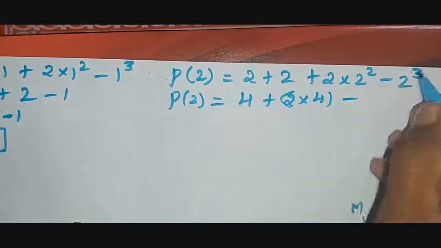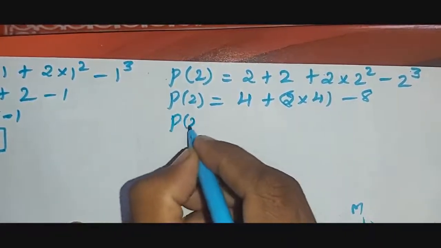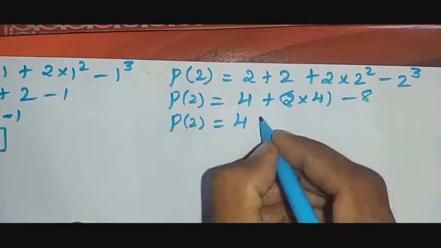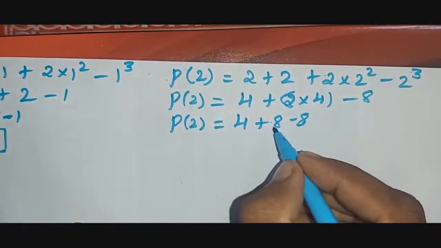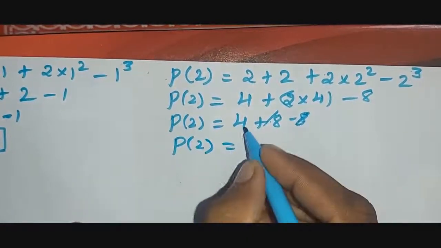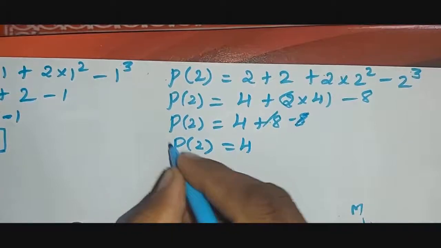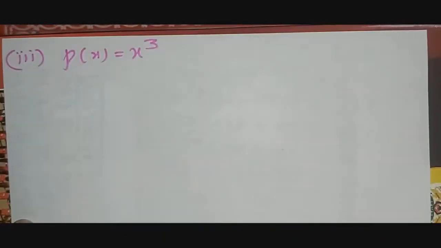Okay, minus 2 cube is 8. 2 2s are 4, 4 2s are 8. Okay, and P of 2 is equal to 4 plus 2 fours are 8 minus 8. Simple. Okay, plus 8 minus 8 will get cancelled. Therefore, P of 2 is equal to, the answer is 4. Second question is completed.